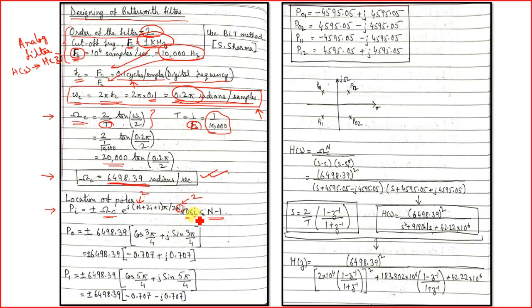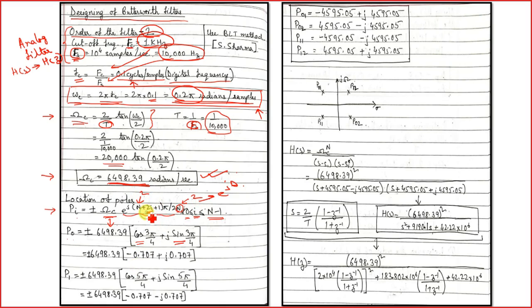After you put in this value, this is in the form of e to the power j theta, so we can break it down into cos and sine terms. Now i varies from 0 to N minus 1. For i equals 0, P0 is equal to this, where omega c you already have, and from here you calculate this value.